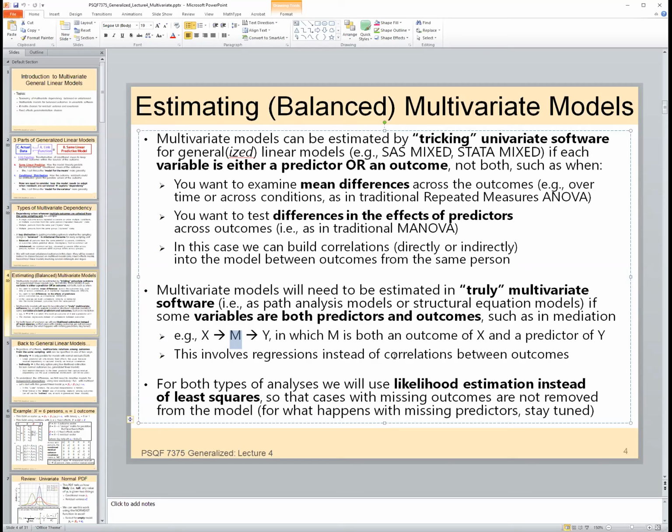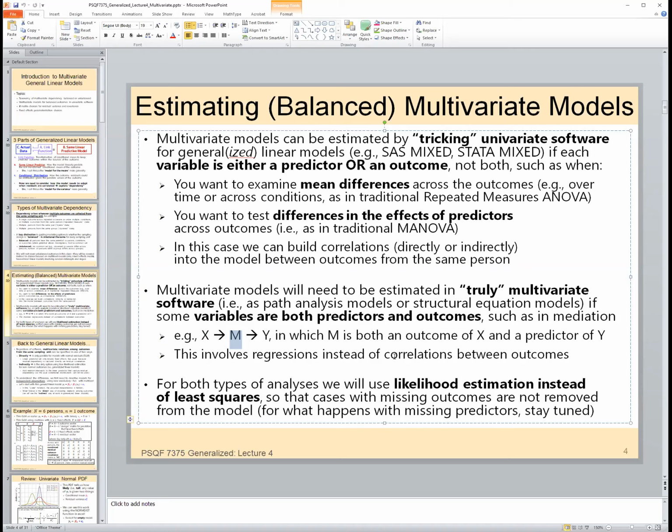Again, I'll have to see exactly what it's capable of because I haven't learned as much about that as I have M+. So point being, to start with, we're staying in Stata and SAS, using the same packages you already know, but tricking it and using those packages to do multivariate analysis. Later in the spring here, we're going to be transitioning into path analysis software instead.